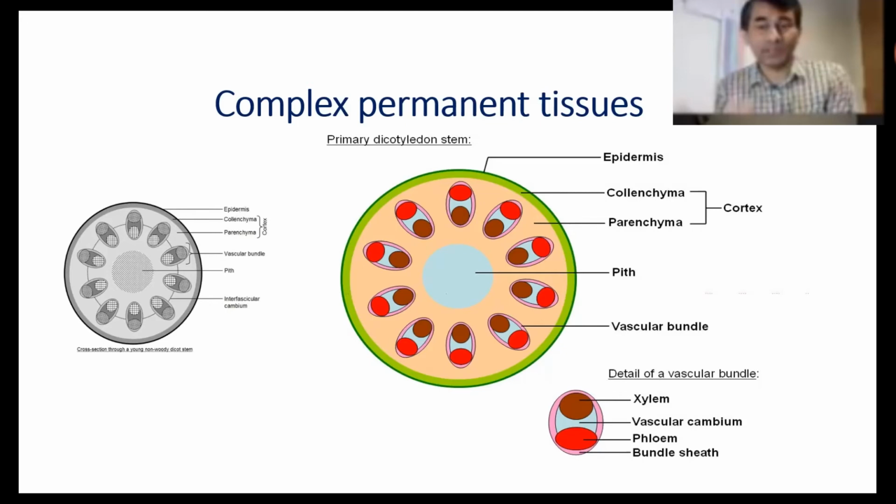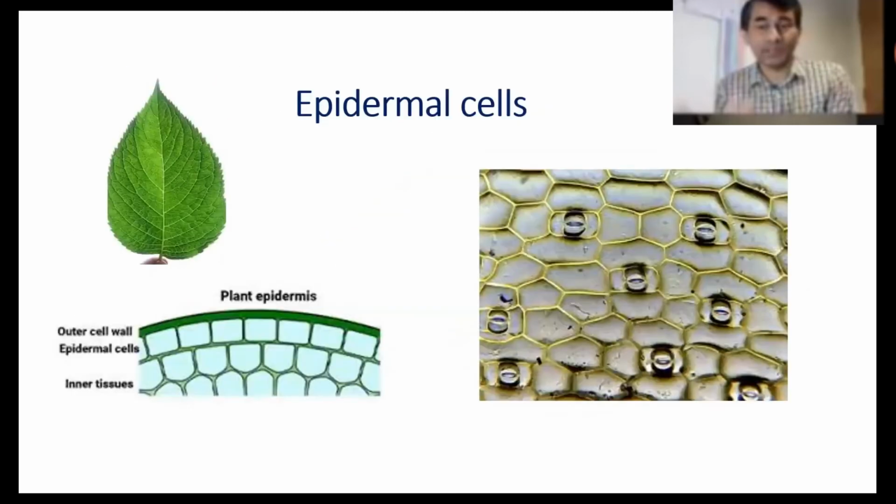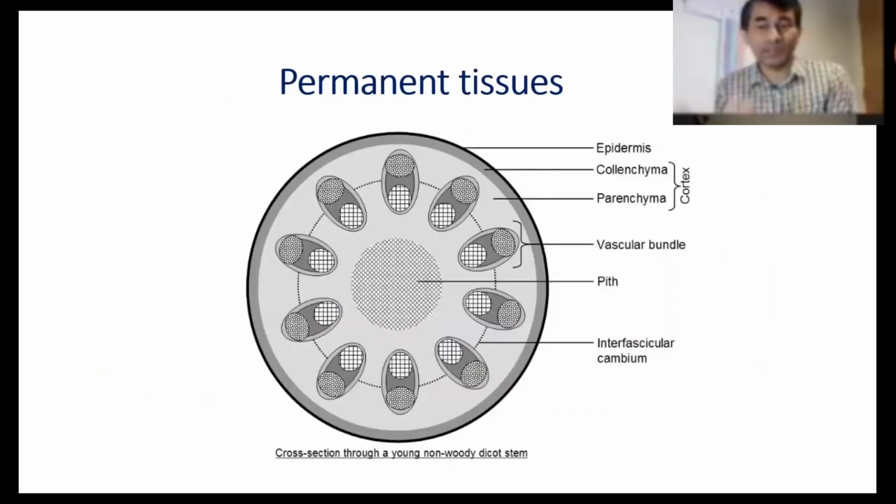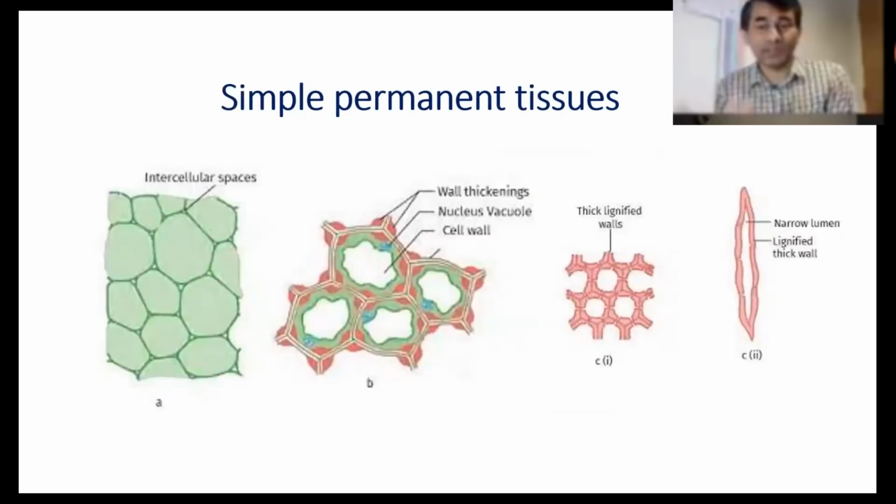Yeah, so xylem is on the inner side and phloem is on the outer side of the vascular bundle, and they are enclosed in a sheath. So xylem and phloem together form the vascular bundle, right? So that's about the introduction to permanent tissue. We'll go into more details of permanent tissue now.